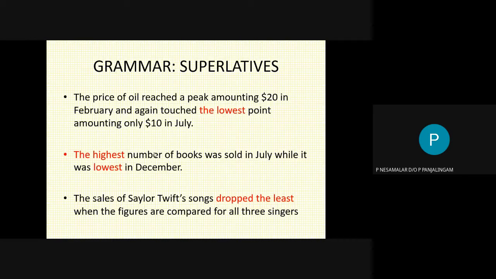So between July and December, if you're looking at every month, this is more than 3 months. Therefore, this is again the superlative. Like sales or songs dropped the least, and the figures are compared for all three singers. So comparing three singers, we are using superlatives.